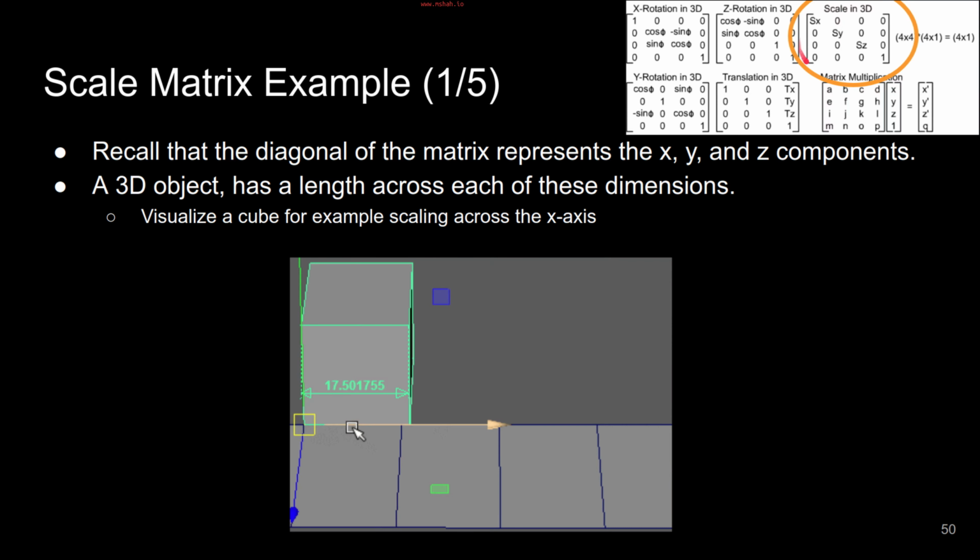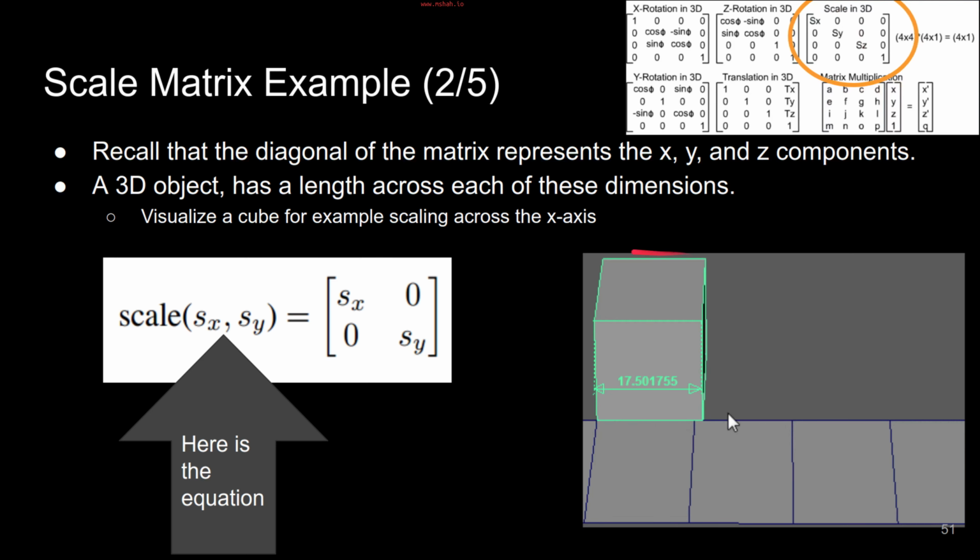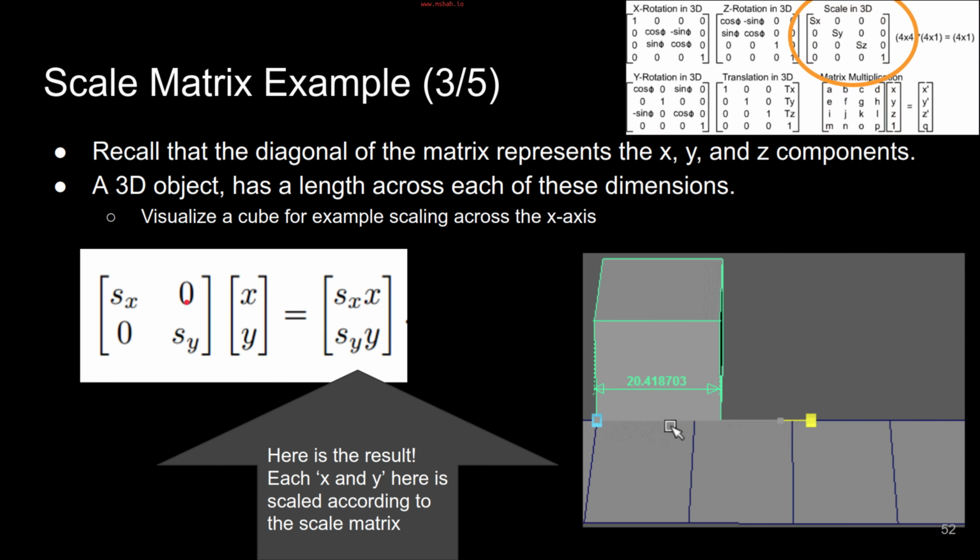Okay, so this is the matrix transformation for scale. Here's the equation. So here's just a 2x2 matrix, and this applies in 3 dimensions. Here it is. We'll talk about why this is a 4x4 matrix in a few moments. But here's the result of the multiplication that takes place.